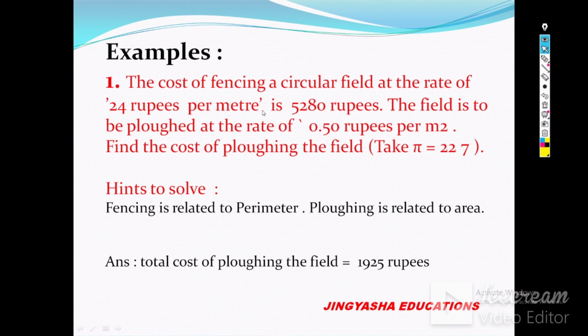So from here you have got that the circumference, 2 pi r, is 5,280 divided by 24. Then from there you can calculate the radius, and once the radius is calculated, you can find out the area, and it is given that 0.50 rupees is needed per meter square. Then you can calculate how much the cost will be.